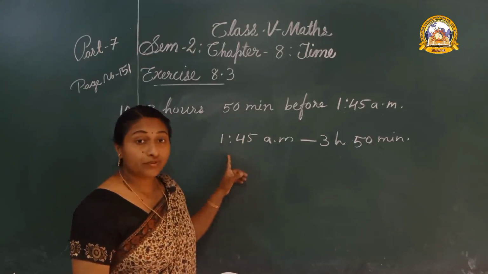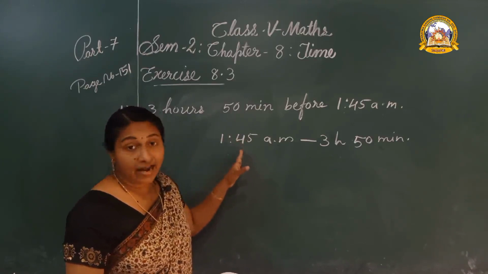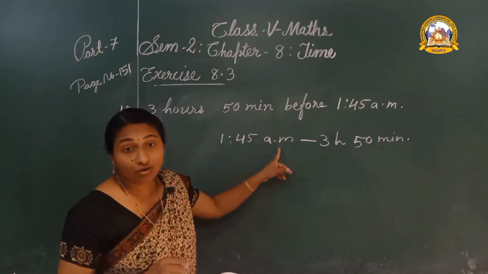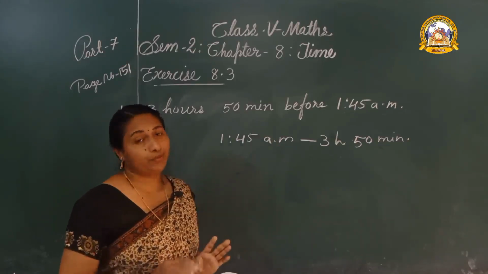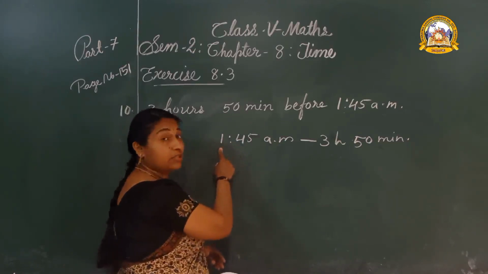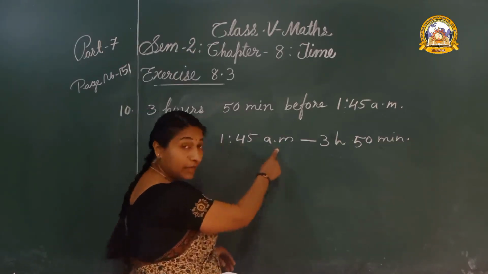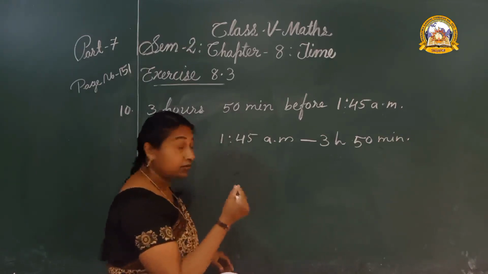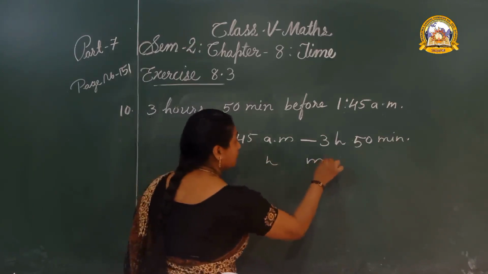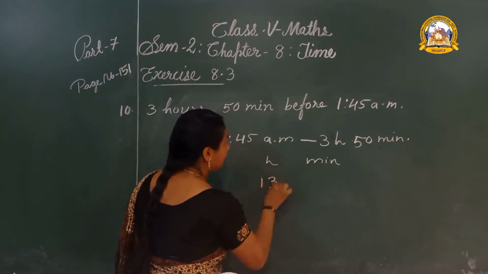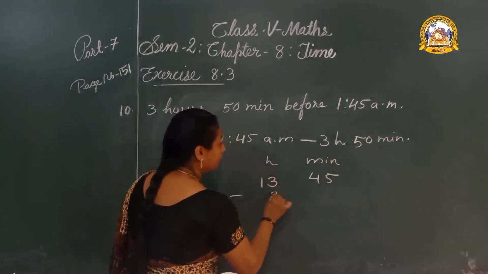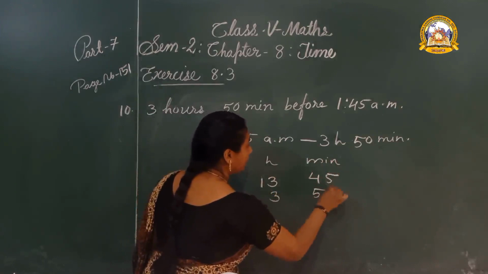No. So what should we do? Yes, we have to add 12 hours with it. But in the answer, we have to change the AM to PM. Okay, let us add 12 hours with 1:45 AM. What will be the answer? 12 plus 1, 13. Okay, hours, minutes. 13:45 minus 3 hours 50 minutes.